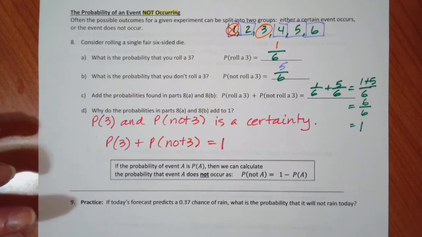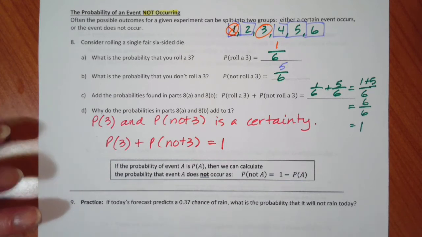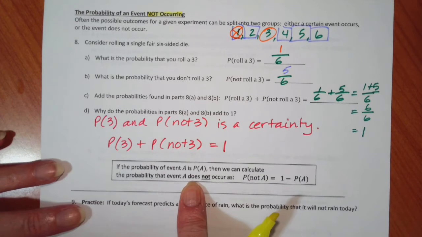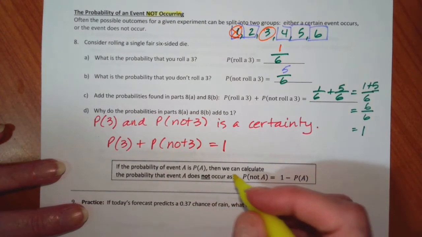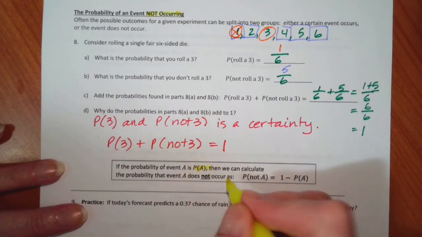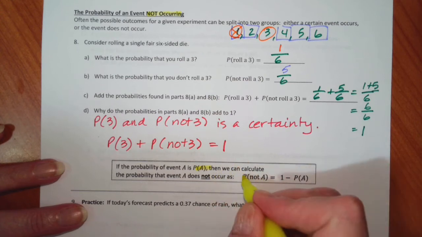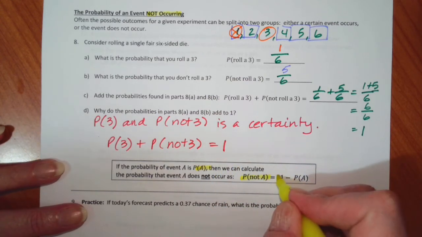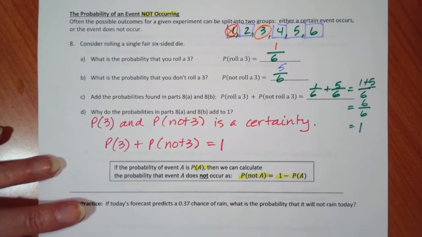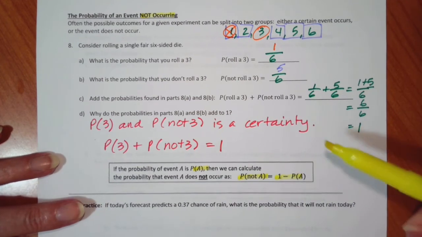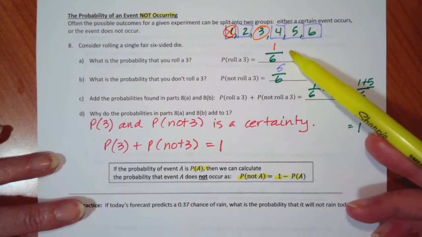So this leads us to another way to come up with the probability of something not occurring. If you have the probability of A, then the probability of not A is just 1 minus the probability of A. And we could have done this. The probability of getting a 3 is 1/6.